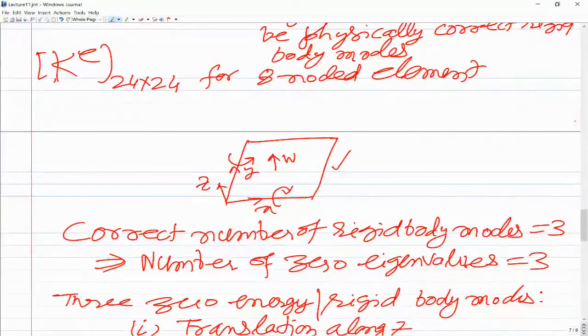So when you look at the modes, you plot the deformed shape of the element, and you will be able to identify whether it is a correct rigid body mode. If it is not a correct rigid body mode, then it is an hourglass or spurious mode with zero eigenvalue. Of course, non-zero eigenvalues will have some extraneous mode of the element.